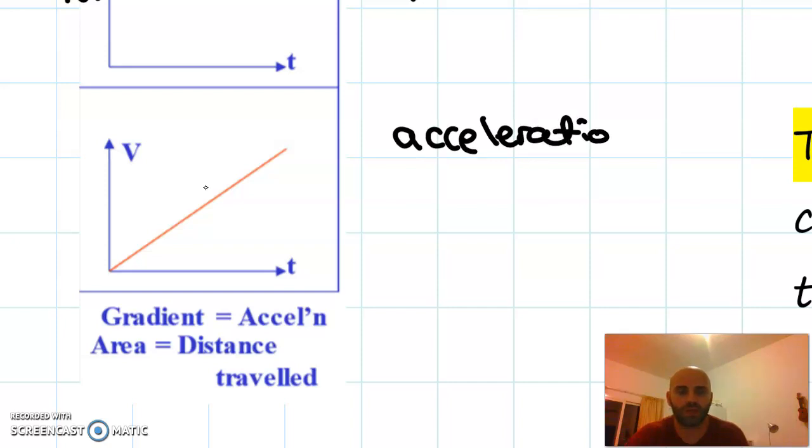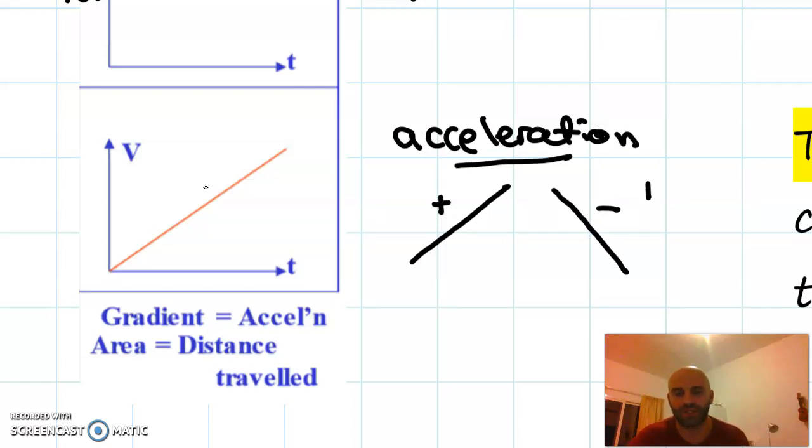Okay? So like we mentioned, acceleration, velocity, displacement, they're all vectors, so they all have direction attached to them. So if the line comes up like that, straight, then that's a positive acceleration. If it comes down like this, then that's a negative acceleration, also known as a deceleration. Okay?